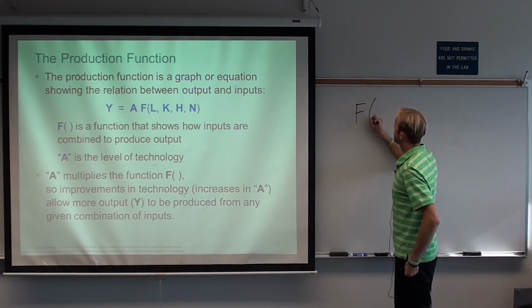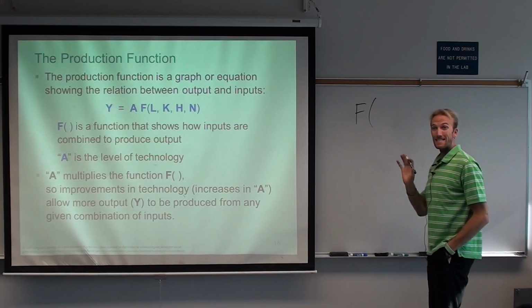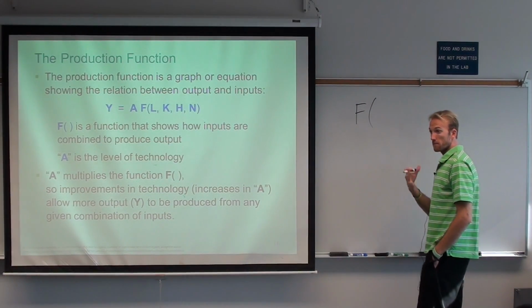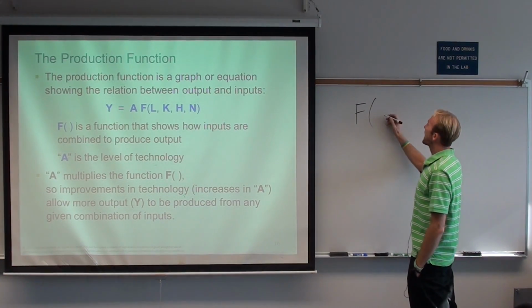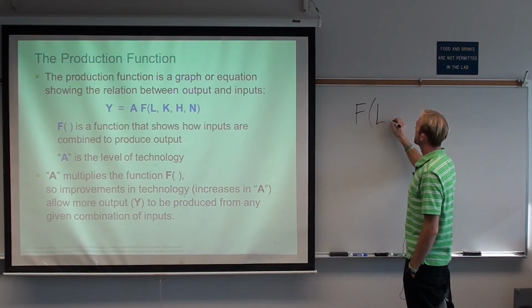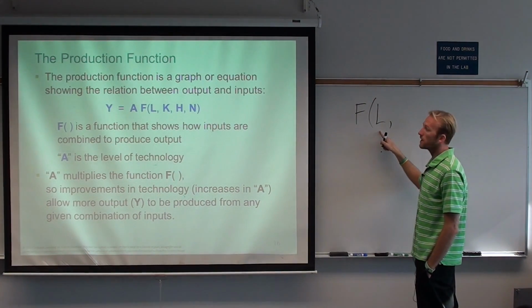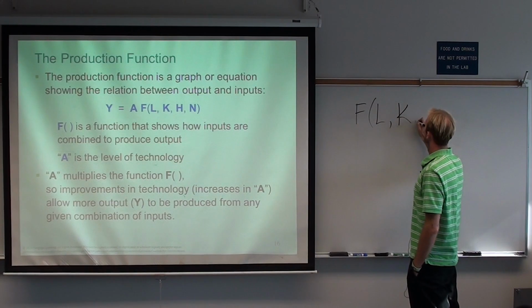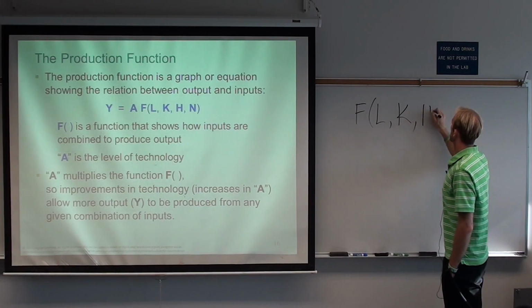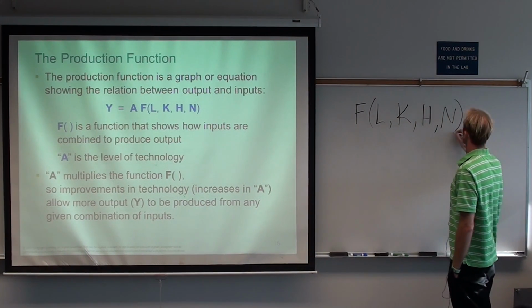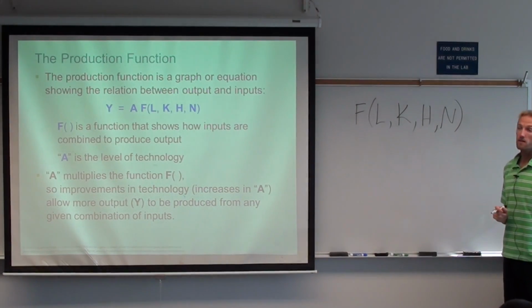There's some function, right? And this is how much output people make, how much GDP that people make. And what are the inputs? Well, I know the inputs are, I need people, right? And I need capital, and I need human capital, and I need natural resources.